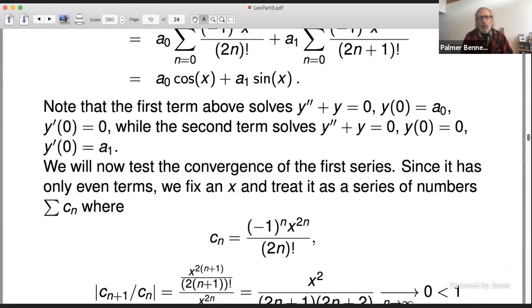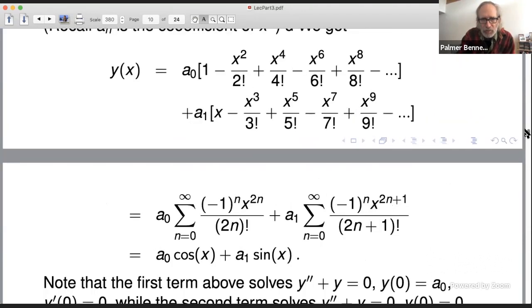We went over these convergence tests for power series last time. We did two different things. One thing we did was this ratio test for the coefficients. That won't work for these two series. We're going to look at the first series here.